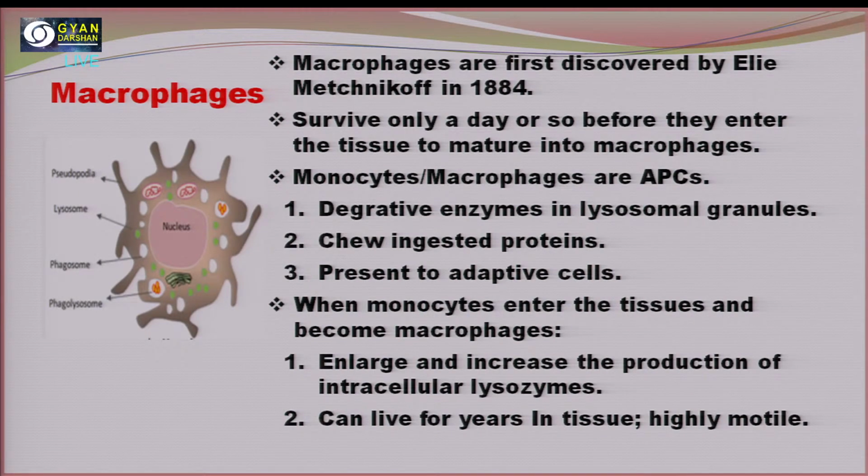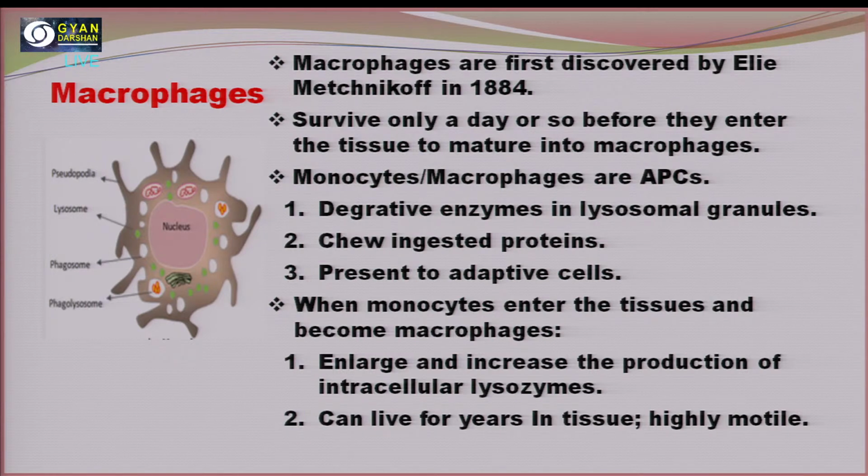Another is macrophages. Macrophages were first discovered by Eli Mechnikov in 1884 and survive only a day or so before the later tissues mature into macrophages. So first of all, the cells released in the hematopoietic stem cells will convert into macrophages.